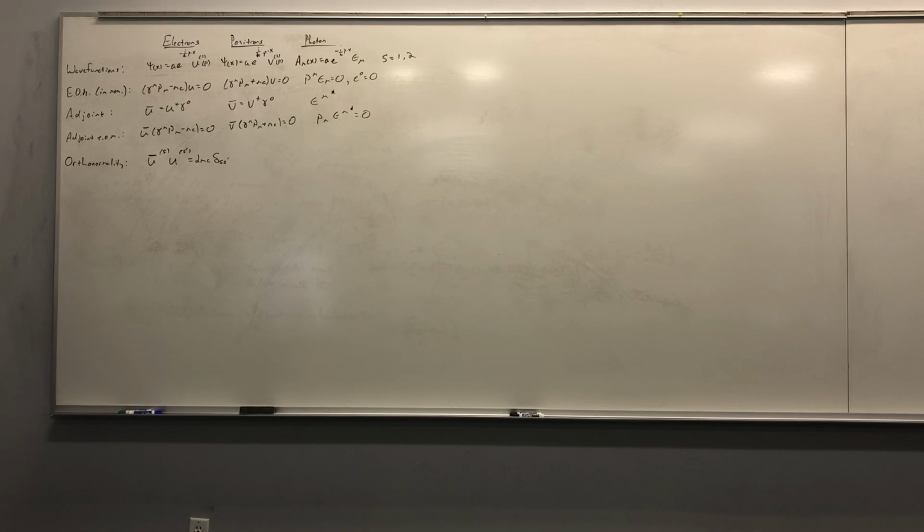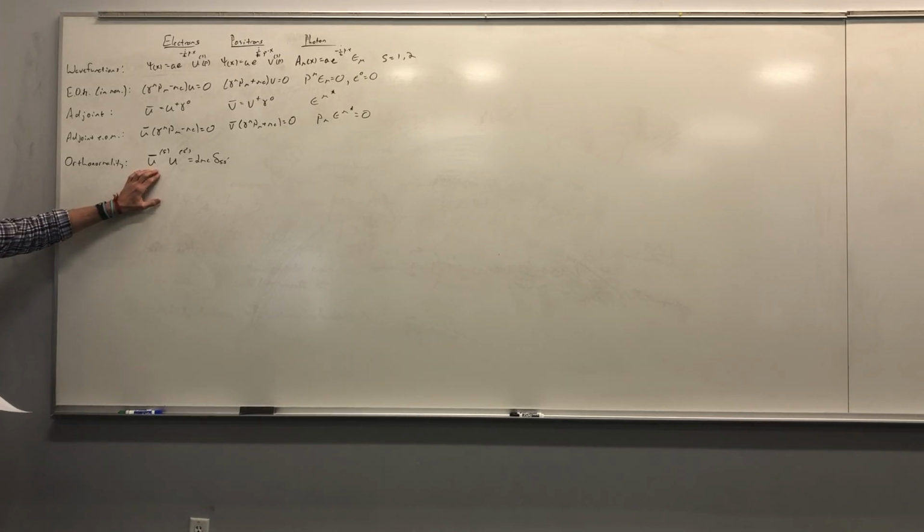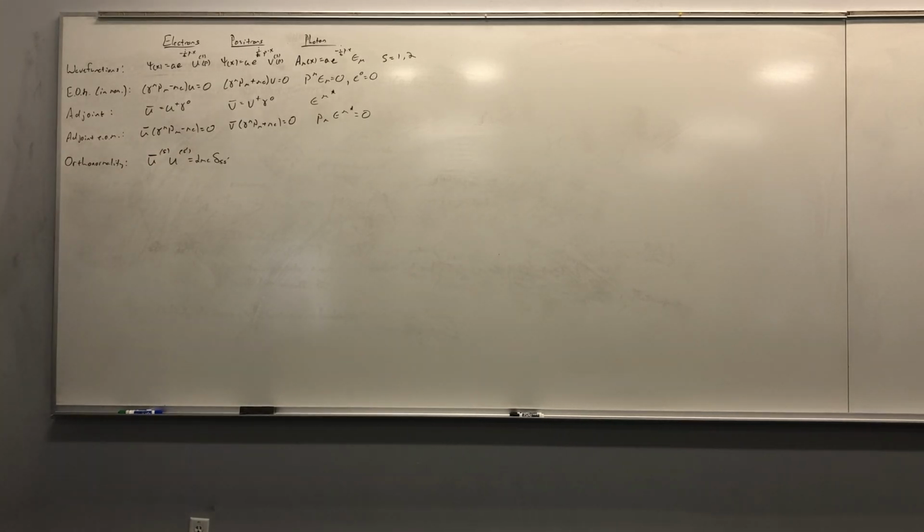So basically I'm looking at the condition of contracting an adjoint with a spinor, and it's basically saying it's 1 if they have the same spin polarization, so if they're both 1s or they're both 2s, and it's 0 if they're different.